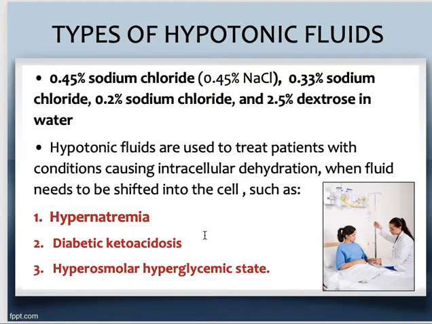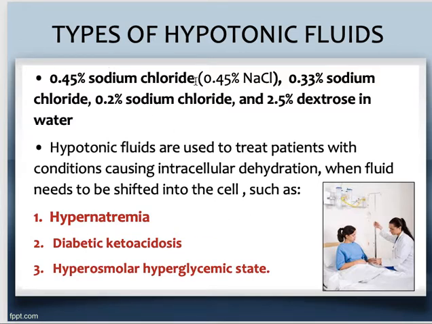These are some examples of hypotonic fluids, and it's not a big science. We know that 0.9% normal saline is the isotonic fluid. If we make the concentration of sodium chloride in that solution half, it will become half normal saline, for example 0.45% sodium chloride.